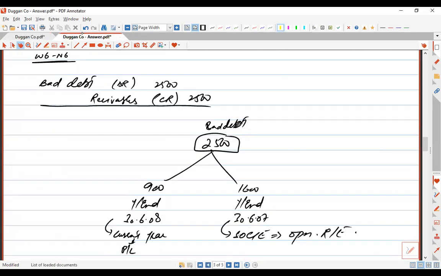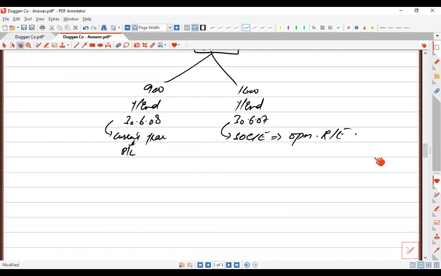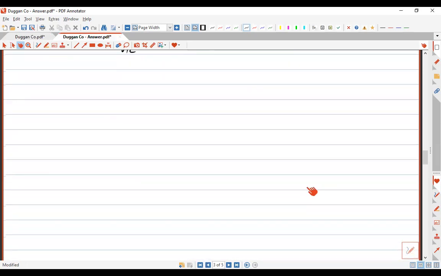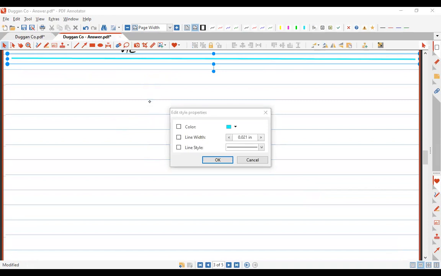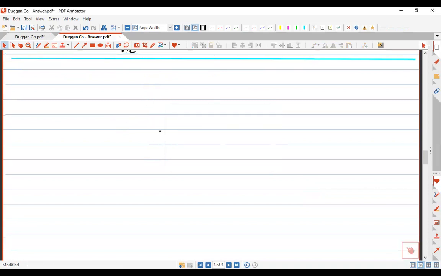So by the way, in our accounting childhood, if you are from an FD background or CAD background, you studied this transaction this way. Let me show you over here.